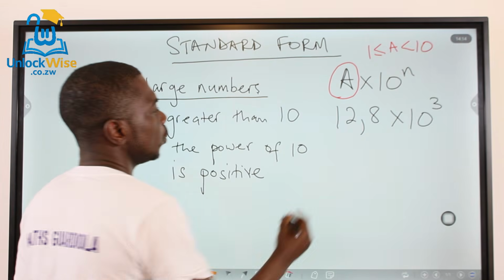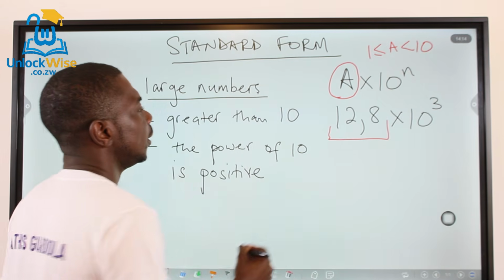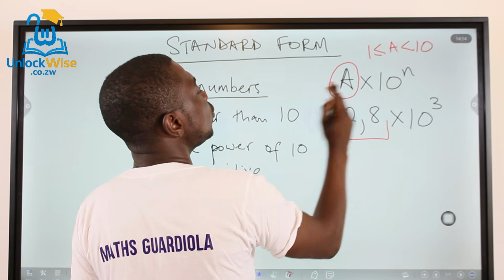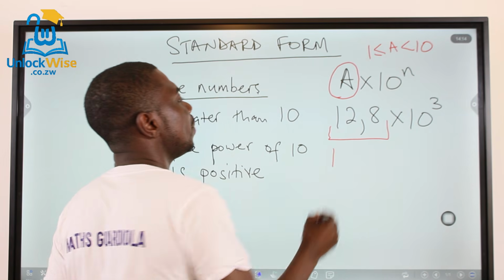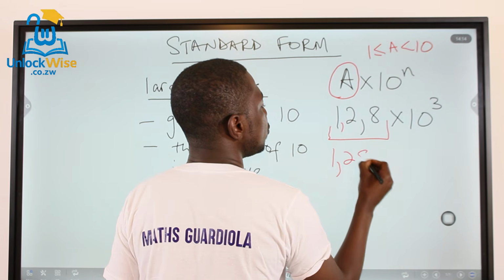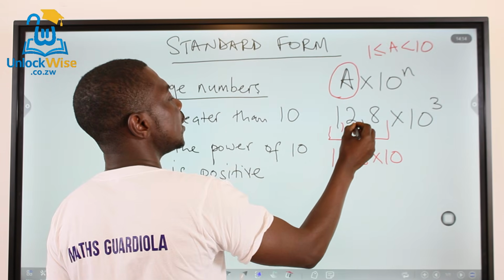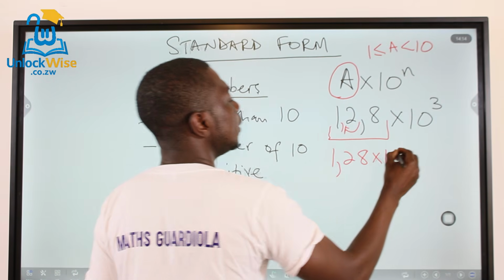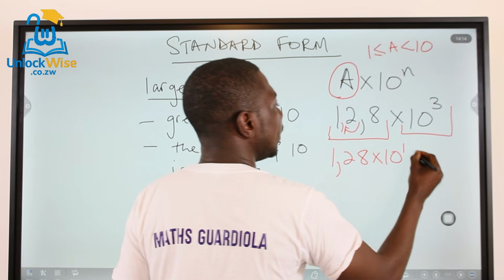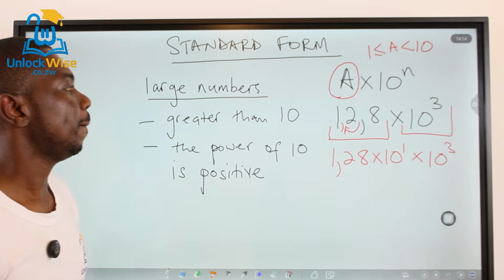So what do we do? We will first express this in standard form, and we'll have this as, from left to right, our first non-zero number is 1, so our comma is supposed to be here. So we have it as 1,28 times 10 to the power. How many times does our comma move? 1. And we still have this now, which is 10 to the power 3. And we can write it here as 10 to the power 3, right?